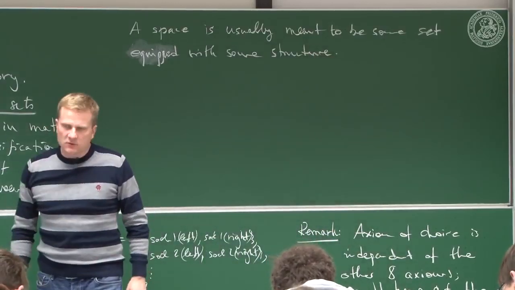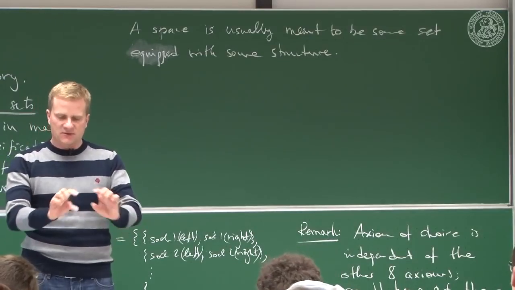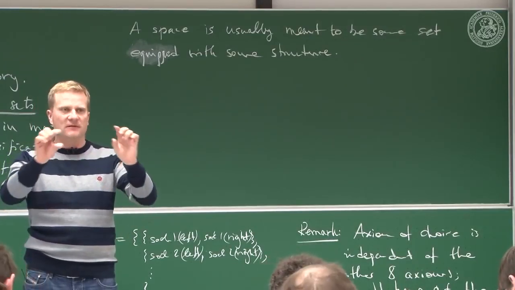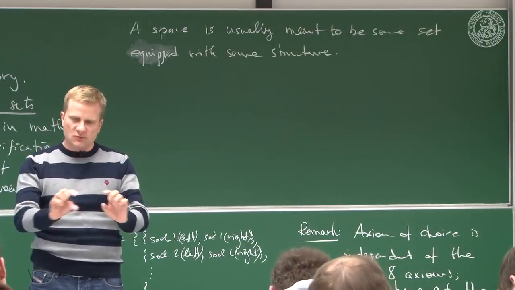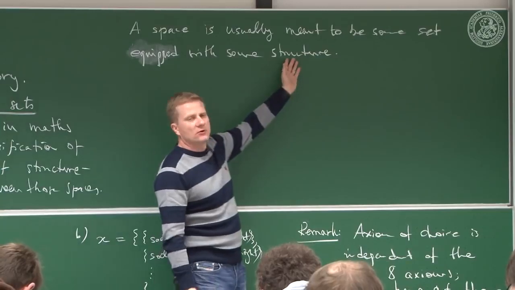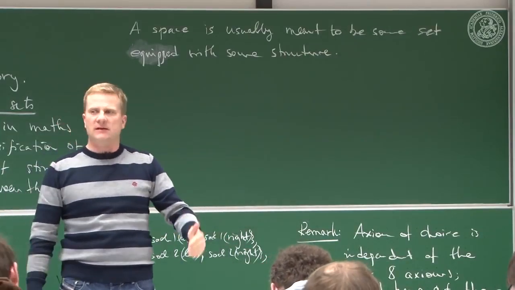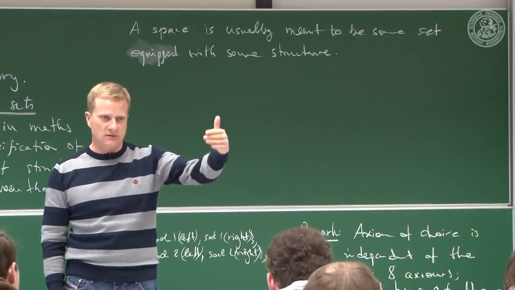And in the beginning of the course, I told you that we'll put layers of structures on top of each other. So we'll equip sets with more and more and more structure. And that's the structure I'm talking about here. So it will be topology as the next step, then it will be a differentiable structure, and so on.